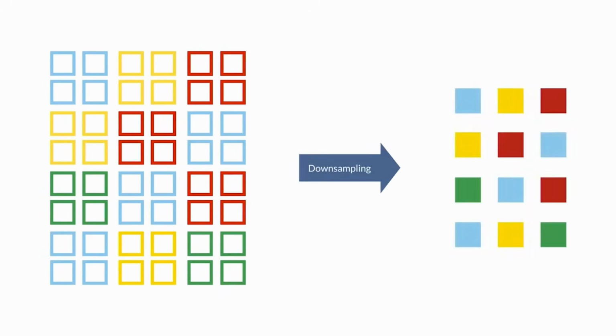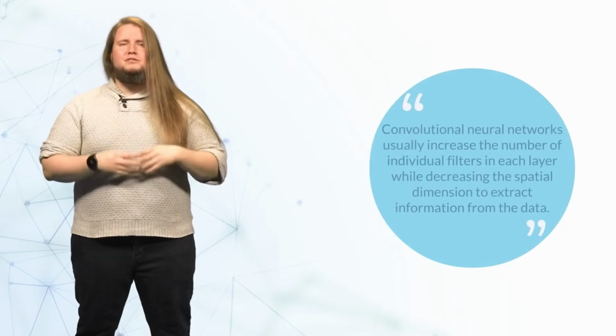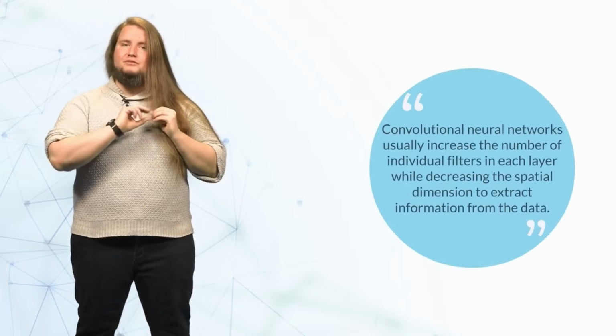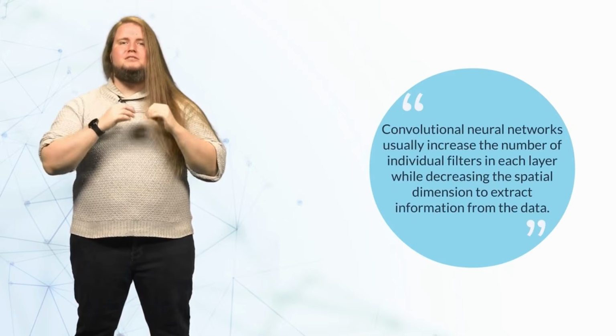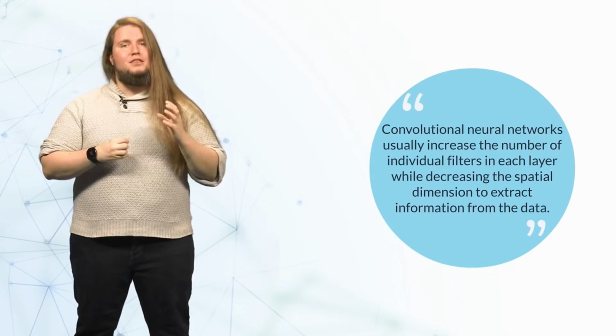That way, we get a smaller averaged version of the data, reducing the shape and therefore the memory footprint in the computer. However, convolutional neural networks usually increase the number of individual filters in each layer while decreasing the spatial dimension to extract information from the data.